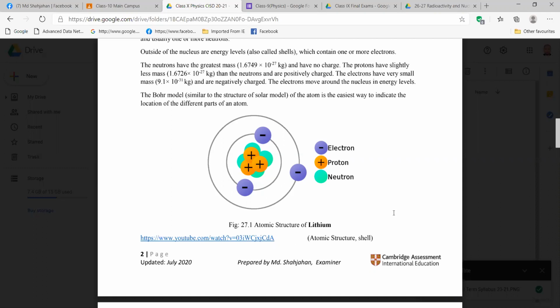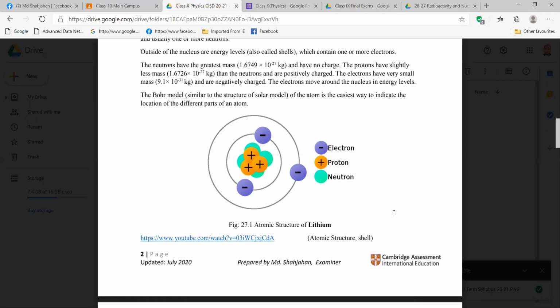But I'm talking about hydrogen-1: there is no neutron, only 1 proton in its nucleus.